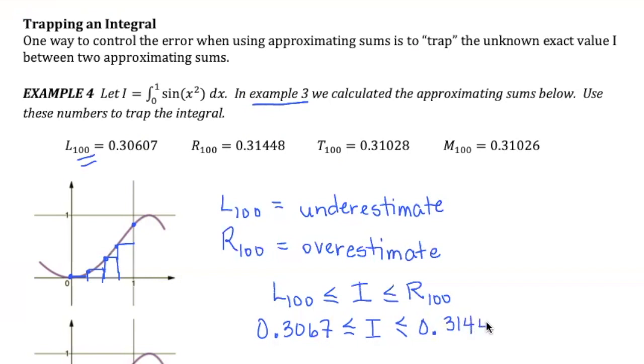So you can see, I know my exact value for my integral is somewhere between these two numbers, which is a pretty tight trap, right? There's not a lot of difference between 0.3067 and 0.31448. Oh, I lost a 0 in there. Sorry, my bad. So that's a pretty good trap.